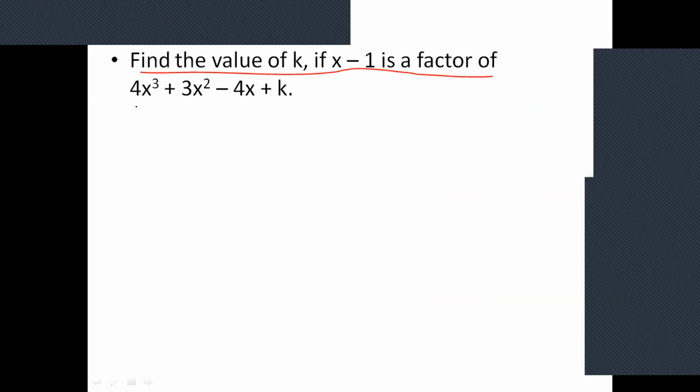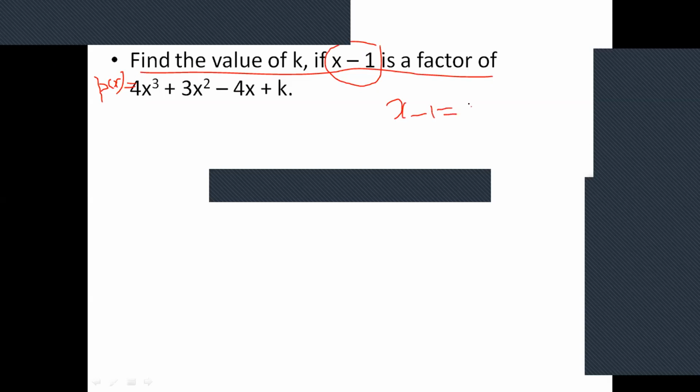As soon as they give you a question like this, the first thing you have to do is take the given polynomial as p of x. x minus 1 is a factor, so you take x minus 1 equal to 0 and get x equal to 1.